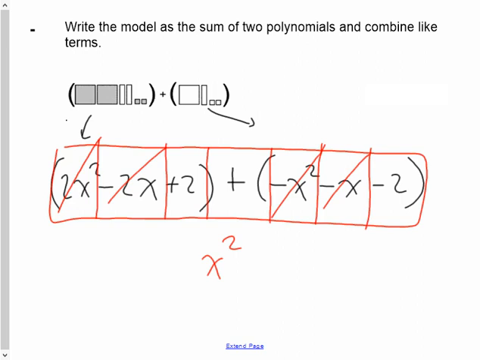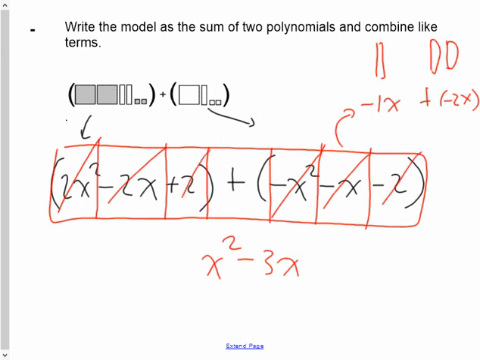A negative 2x and a negative x makes negative 3x. Remember, this is negative 1x. If you combine that with a negative 2x, you would have a negative 1x and a negative 2x, giving you negative 3x. And finally, a negative 2 and a positive 2 make nothing. So when you combine those two trinomials, you end up with a binomial of x squared minus 3x.